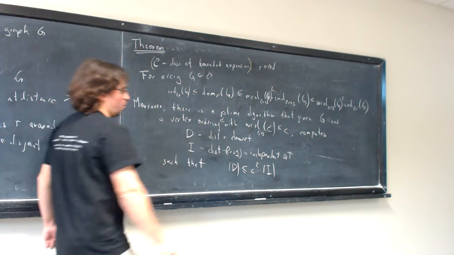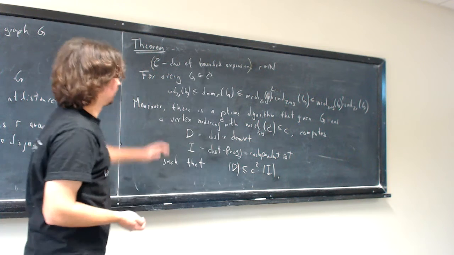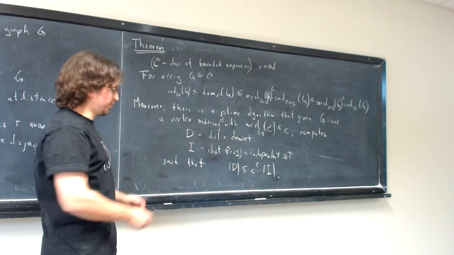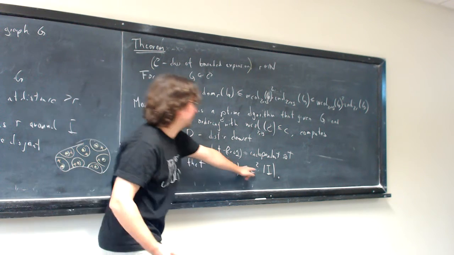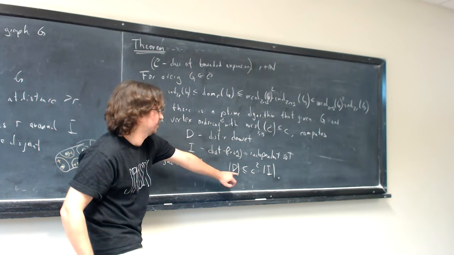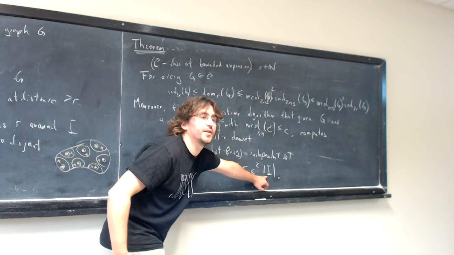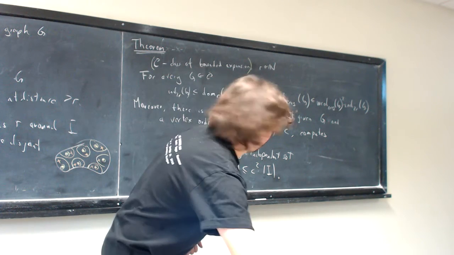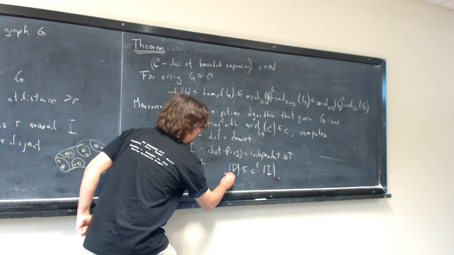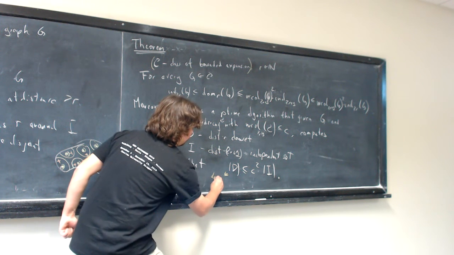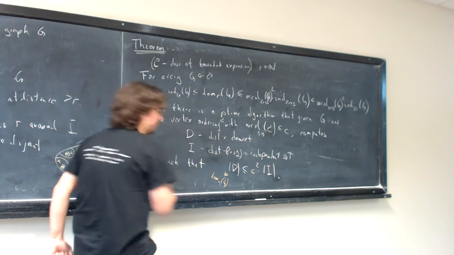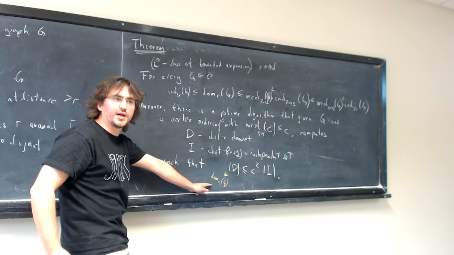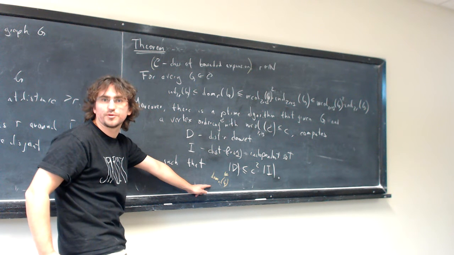Yes, so why does this statement imply this statement? Yes? If my algorithm outputs something, then these two things exist, right? There is a distance R dominating set and a distance 2R plus 1 independent set that satisfies this inequality. So in particular, on this side, this is larger or equal than the domination number for distance R for the graph, yeah? Because this is a distance R dominating set, so it is larger or equal than the smallest possible size of a distance R dominating set.